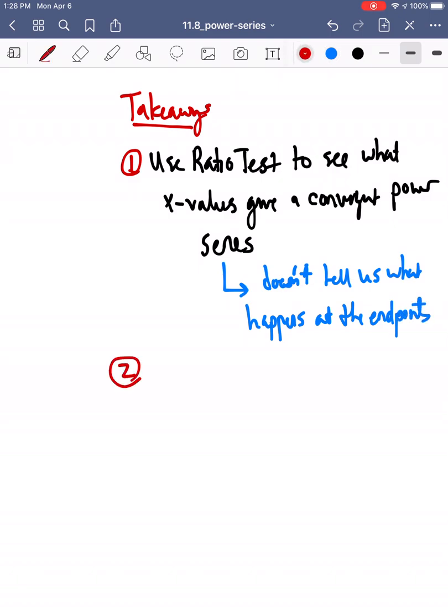So after we apply the ratio test, we test the endpoints individually.